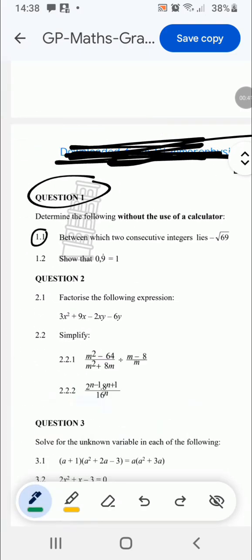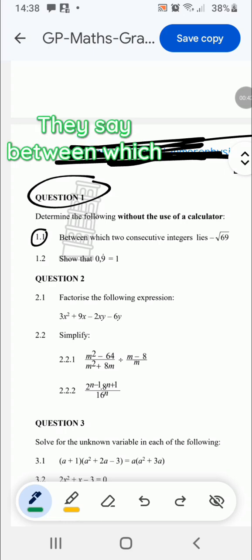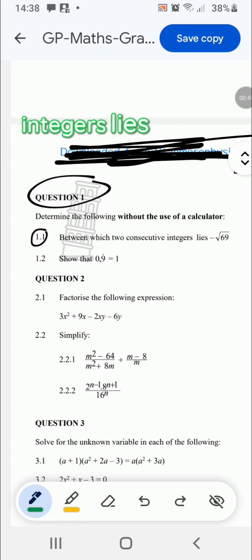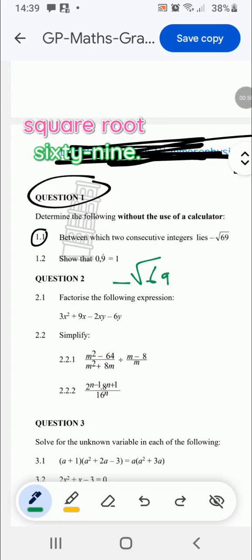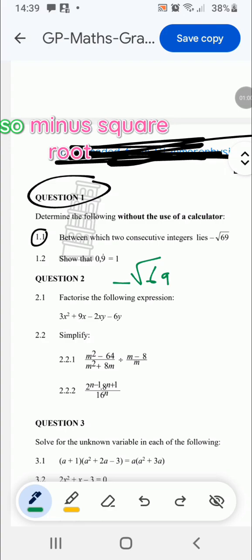1.1.1. They say between which two consecutive integers lies minus square root of 69. What I do is I punch the number minus square root 69 into a calculator.